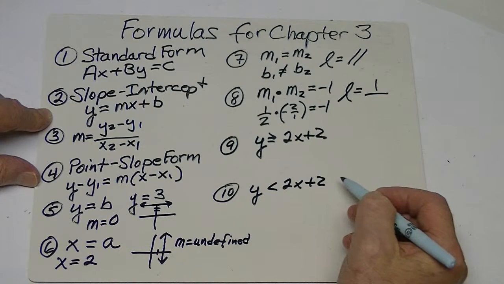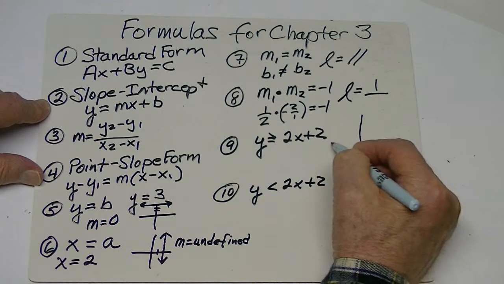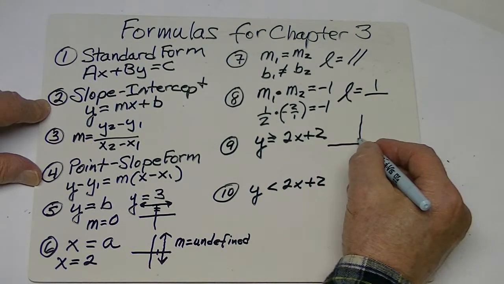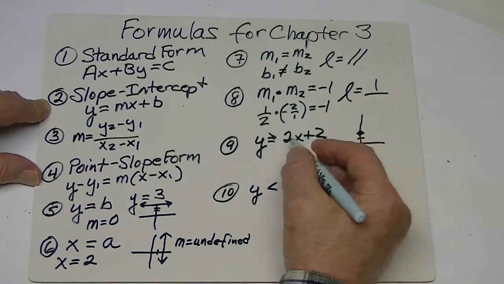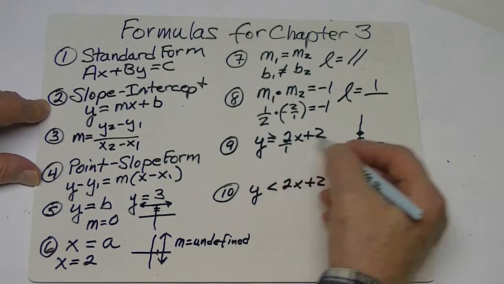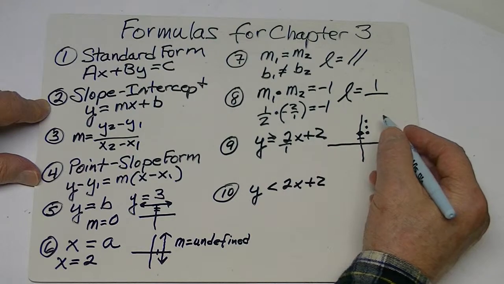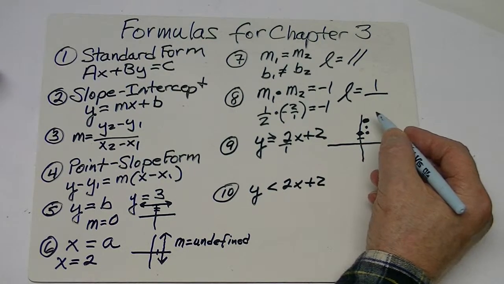A couple of things are going on here. So if we make a quick graph, sketch it, our y-intercept is 2. We put a dot at 2. Our slope is 2/1. So we would go over 1 and then up 2. And that'll be our second point here.